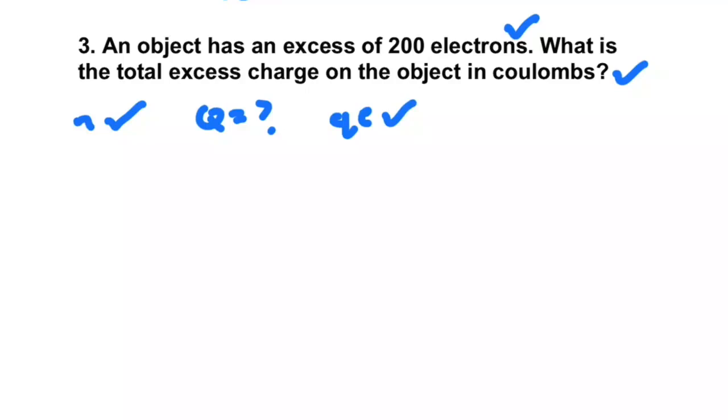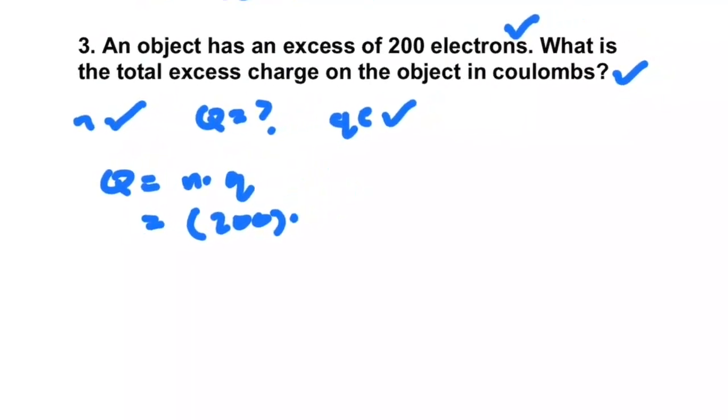So how do we answer this question? Well, still the same principle, quantization of charge. We have Q being equal to N multiplied by the elementary charge. So what is N? N is the number of electrons in excess. In our case, 200. And the e is the elementary charge of an electron.